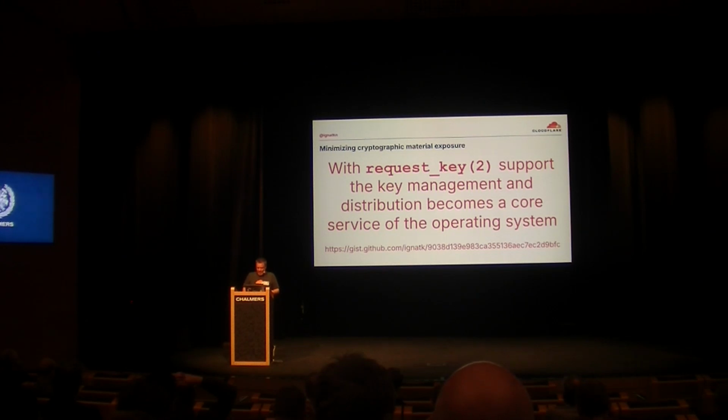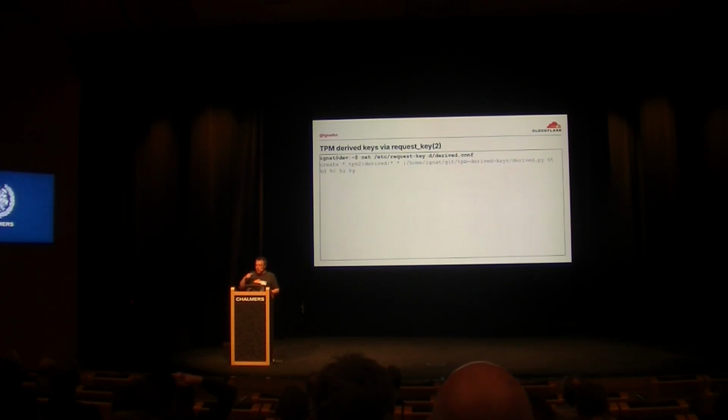Here's an example. If you download my code, this is how you configure your request-key plugin. It says that if some application tries to create a key with an ID that starts with tpm2_derived, call this plugin.